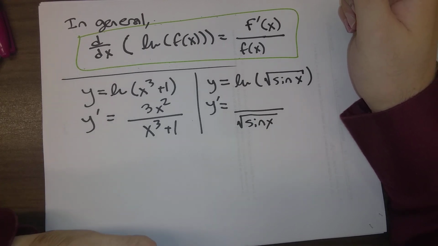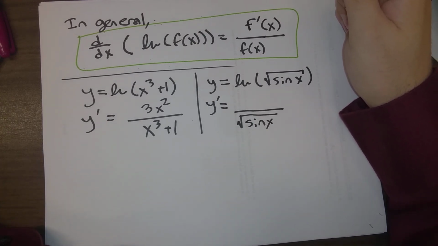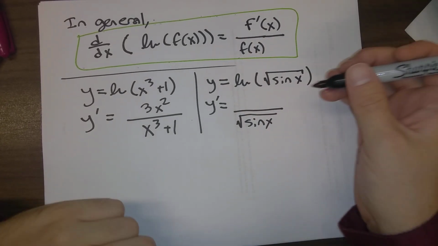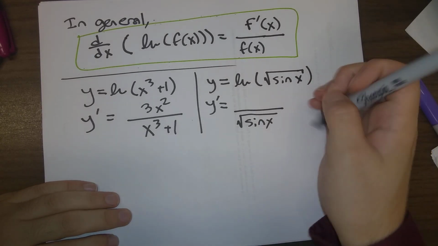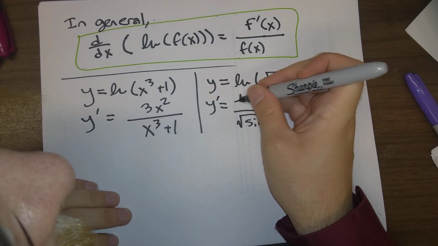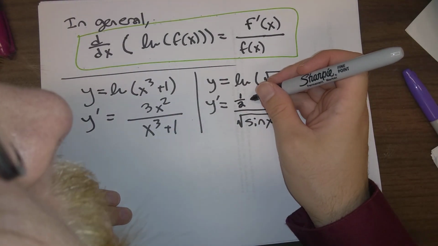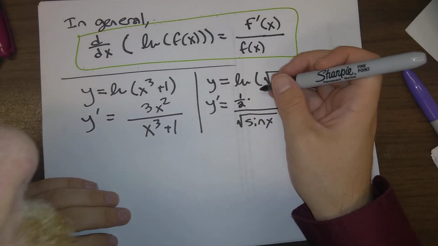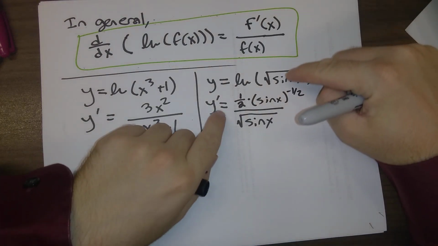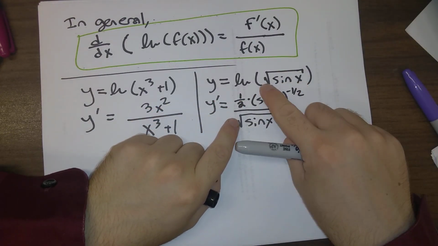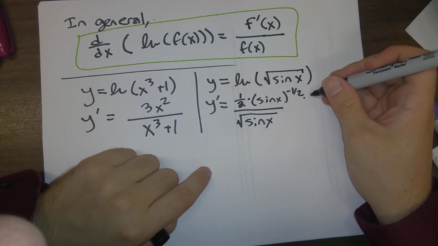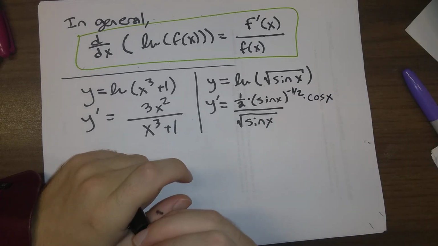And then what's going on upstairs is going to be the derivative of, well, let's see here. We have to take the derivative of square root of sine x. So that would be 1/2 times sine of x to the minus 1/2 power. So, because the square root of sine of x is sine of x to the 1/2 power, and then we have to multiply by the derivative of what's inside, which is cosine x.